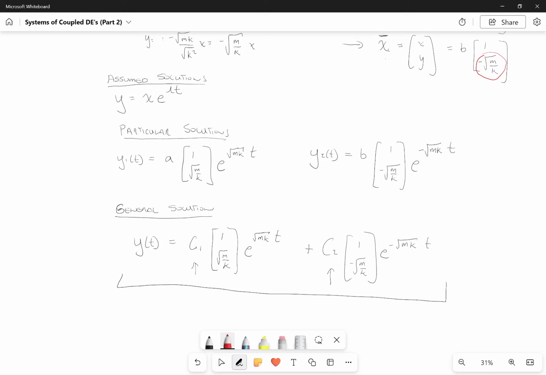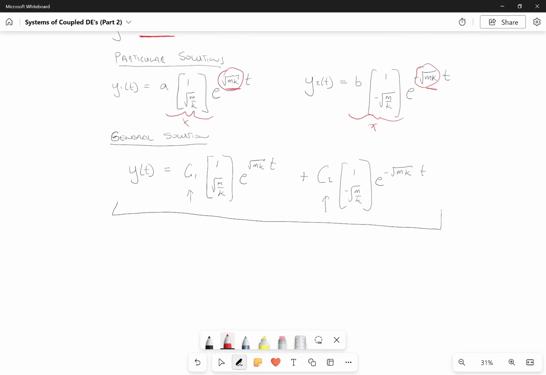And so now I can solve for the particular solutions. This was the form, y equals x e to the lambda t. This is my first x, this is my second x, and these are the lambdas that correspond, the eigenvalues right here and here. And so I can sub them in.